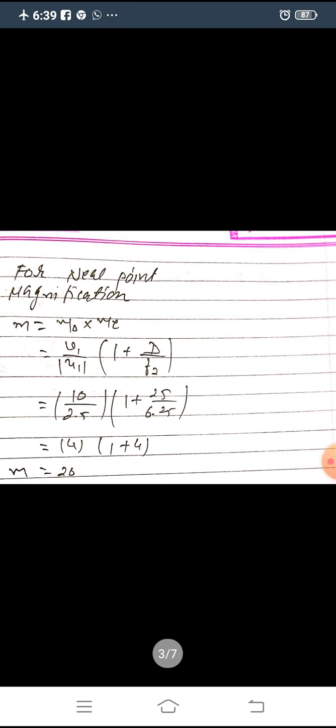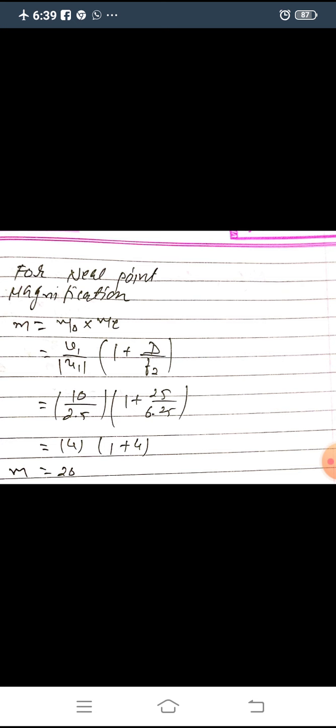In the second question, we have to calculate the magnification in that case also. For the near point, the magnification for the eyepiece is 1 plus D upon F2, and the magnification of the microscope is MO into ME. For the objective it is V by U, that is V1 upon U1.